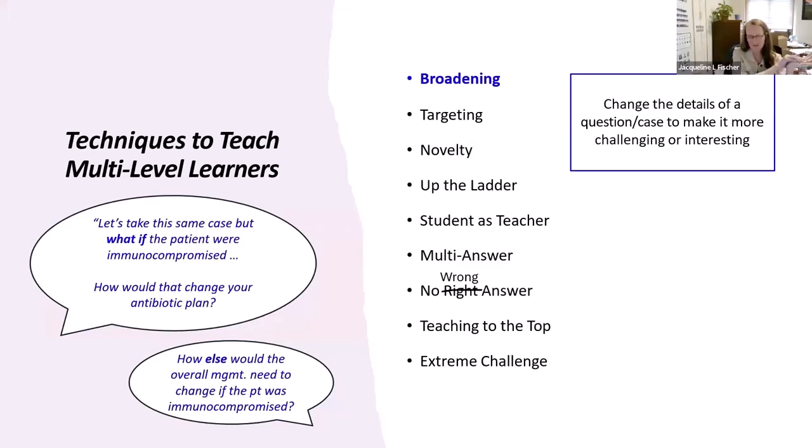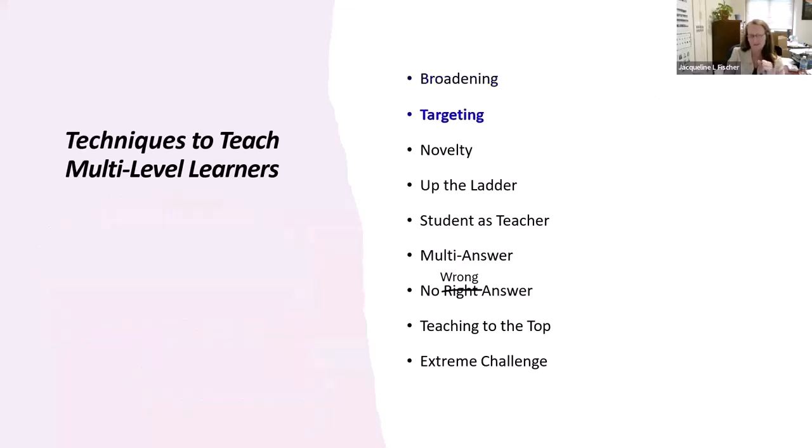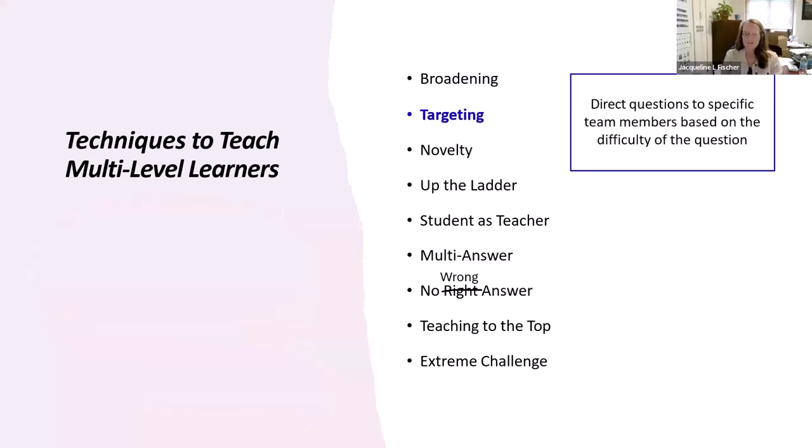There's a mistake made in clinical medicine, in my opinion, that everything is very centric to the learner who has the patient case at the time, and everyone else has this very human tendency to disengage until they're up and they're the one who's going to do the entirety. So involving the learners that way through broadening, everybody's heard the whole case, just change a piece and keep involving everyone. Targeting: direct questions to specific team members based on the difficulty of the question.